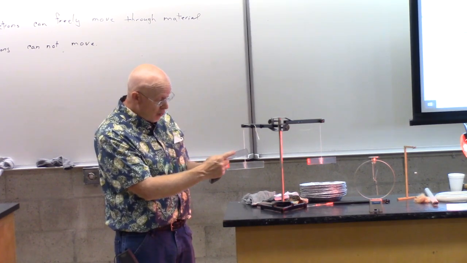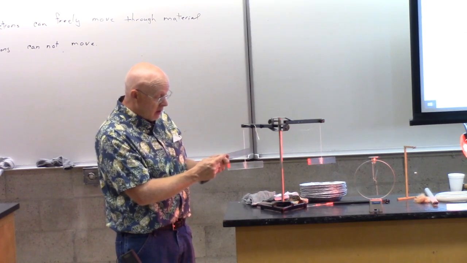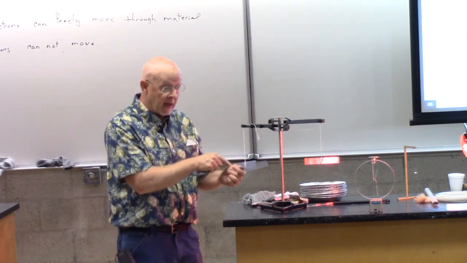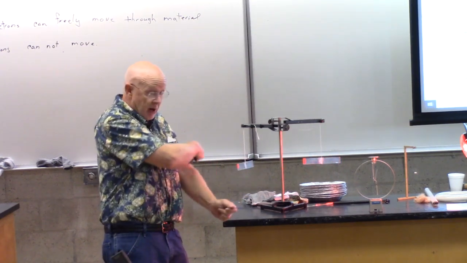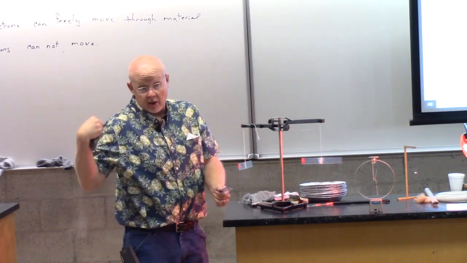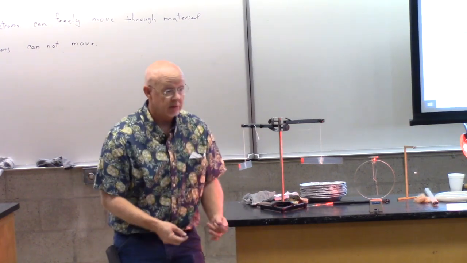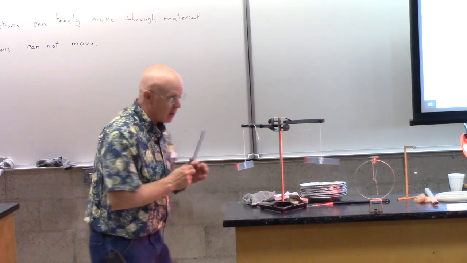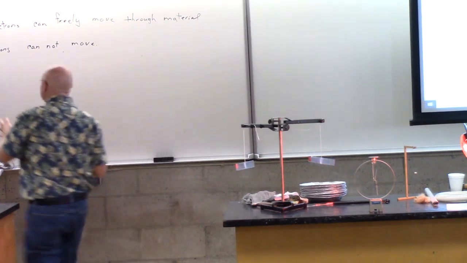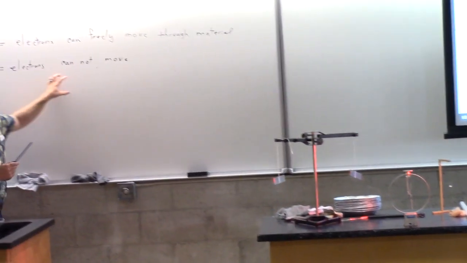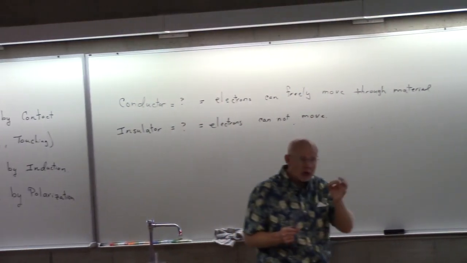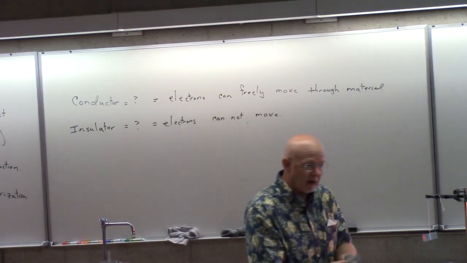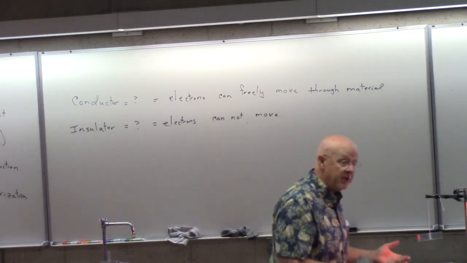Can they move down to my hand and then go up my arm and maybe to my other arm or maybe down to my toes? No, because this is an insulator. The electrons stay exactly where they were placed. They're locked in, and so I took advantage of insulators when I was rubbing all of these.